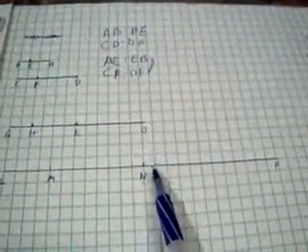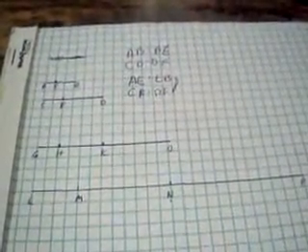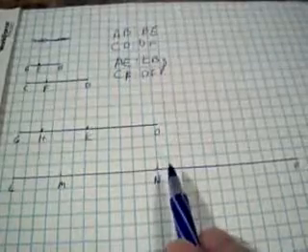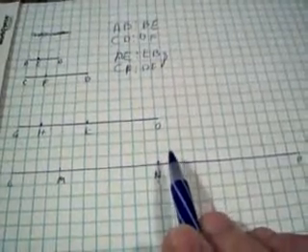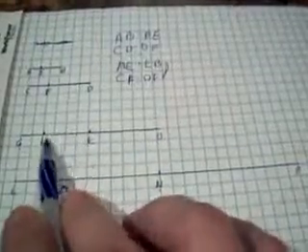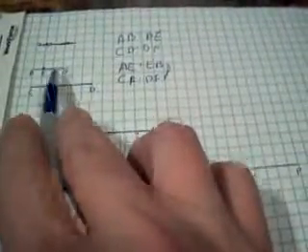MN plus NP makes up MP. We got 3 FDs here, we got 2 FDs here, so we got 5 FDs. So, we've got basically a 5-to-1 ratio here, and we got a 5-to-1 ratio here. And this is by Euclid Book 5, proposition number 2.